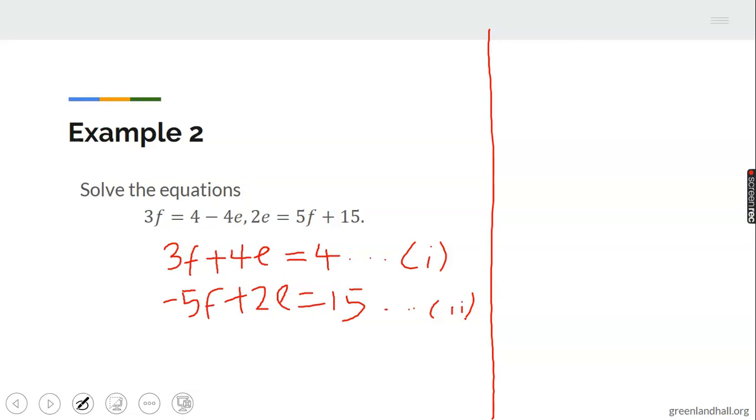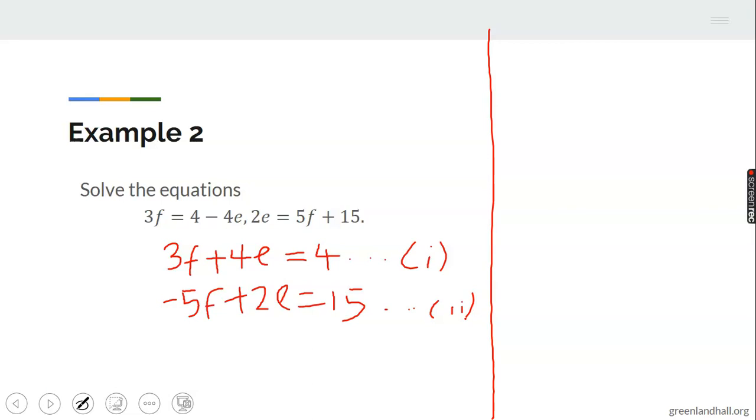But if you want to eliminate e, that means you multiply this one by a negative factor and this one by a positive factor. But I want to eliminate f. This is positive, this is negative. I can just multiply by factors to change it so that I can eliminate. Are you getting me? Okay.